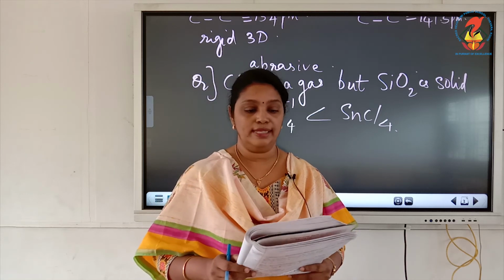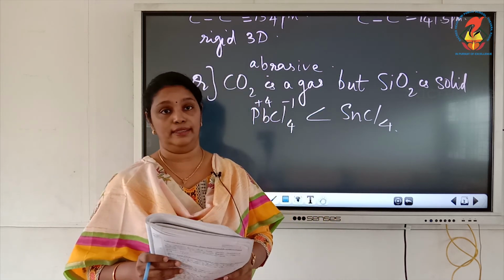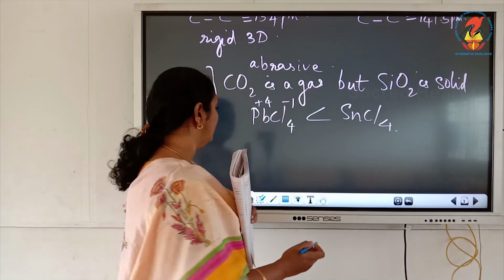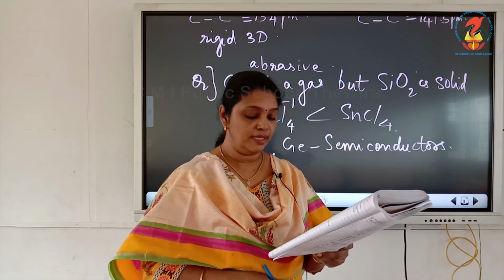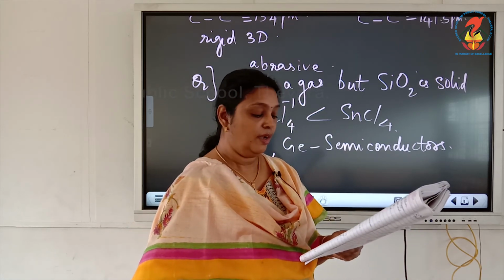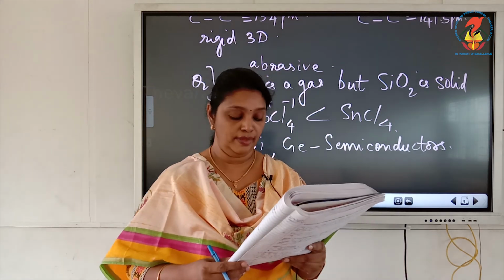Now, next question is, name the element of group 14 which is used as semiconductor. We have silicon and germanium which can be used as semiconductors. Now, the next question is, except CCl4, all other tetrahalides are easily hydrolyzed by water.